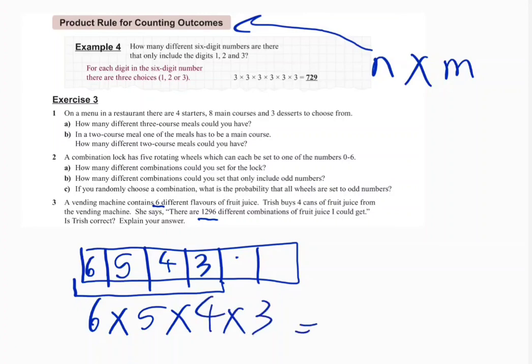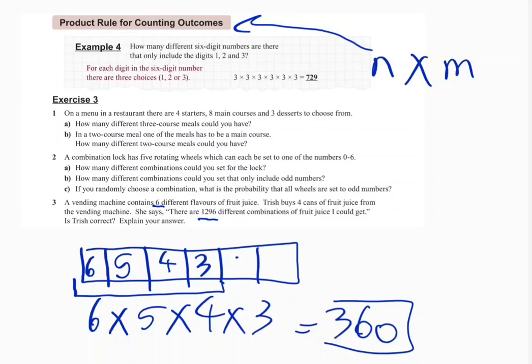And this gives me 360. As you can see, when we are trying to buy 4 cans of fruit juice, at most we can have 360 different combinations of fruit juice.